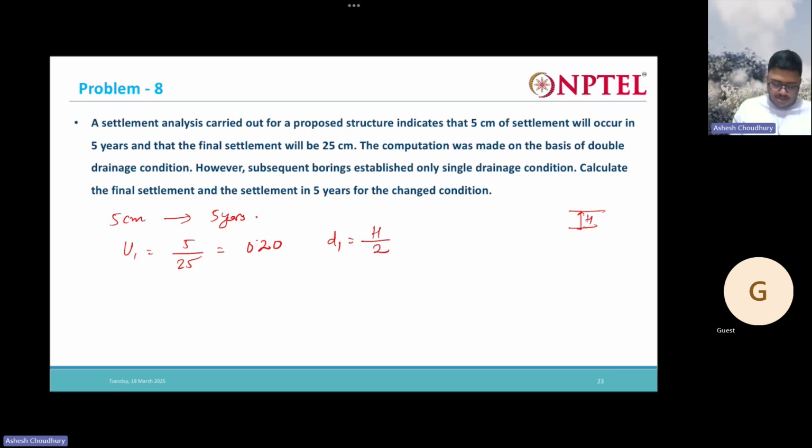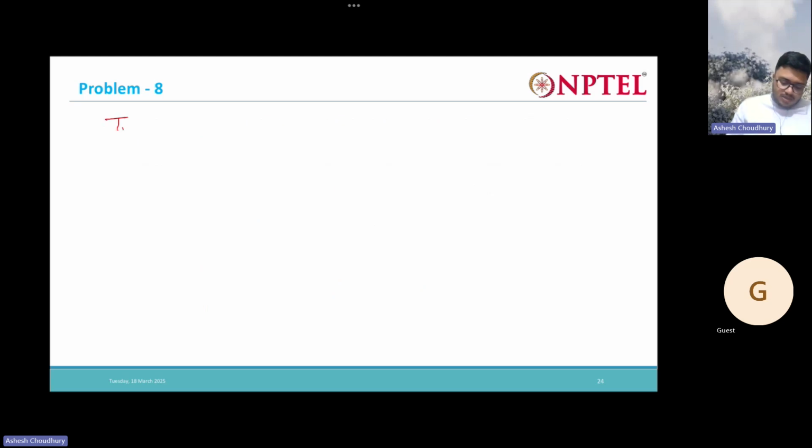Now if TV, so for 20% settlement, this is my TV. Now I can relate TV to CV t by d square. Can find out 0.0314.